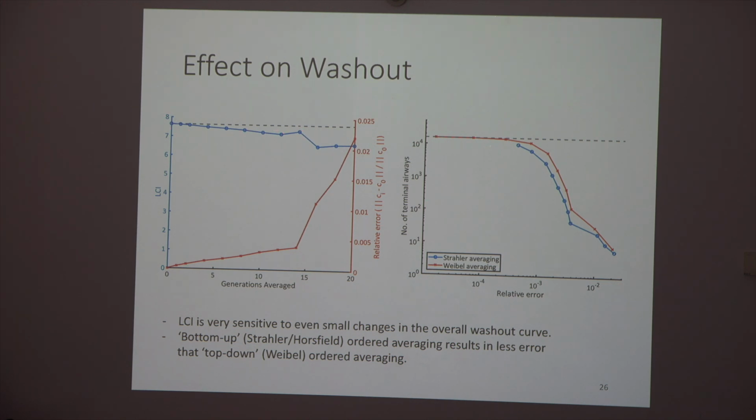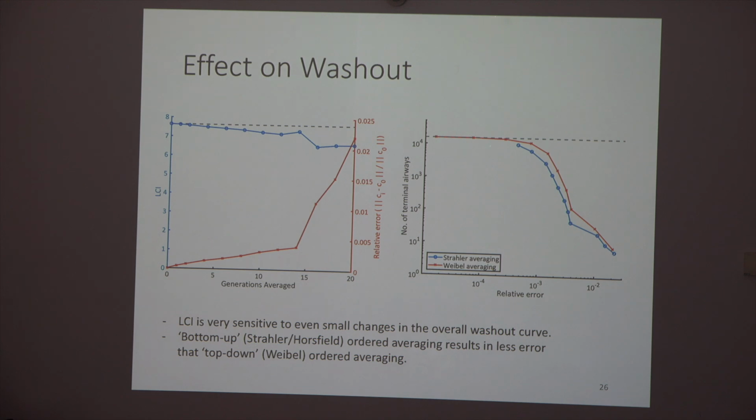The ventilation heterogeneity goes down, and the error, which is this orange line, the relative error from the baseline washout curve, goes up and then very sharply increases as you get to replacing all the branches with something symmetric. We also tried counting generations from the top instead of from the bottom, to see if that gives a better averaging procedure. The answer is no. It always seems to be better to go from the bottom up.